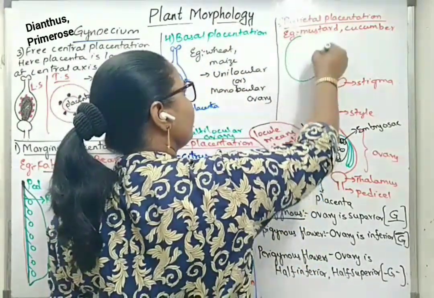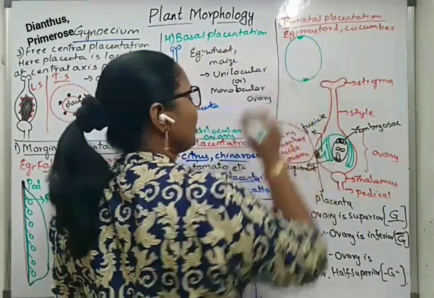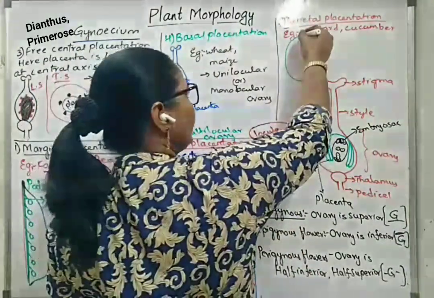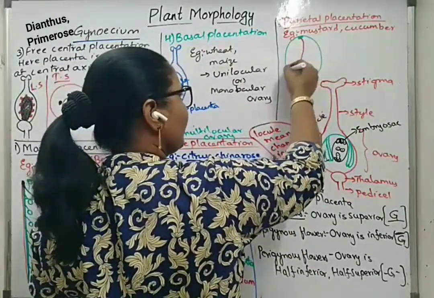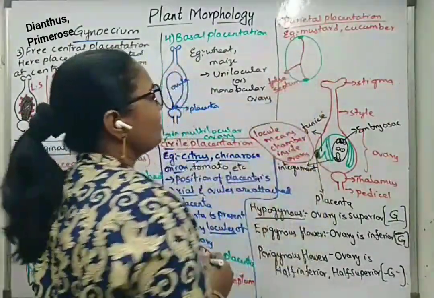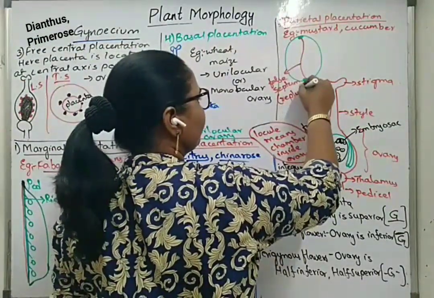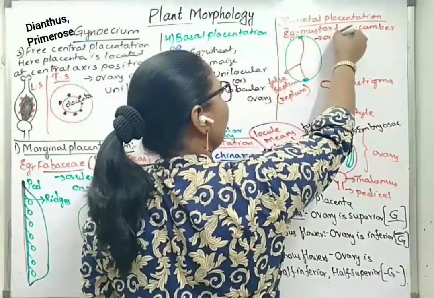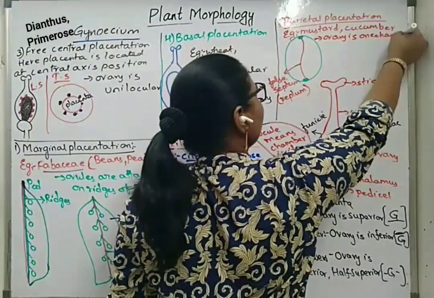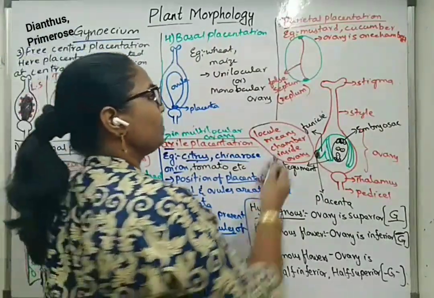In case of mustard, if this is the seed, this is position of placenta, this is position of placenta. That is dividing one single locule into two chamber-like structures. So we see this one as false septum. This is called a replum. Here, ovary is one chambered, but because of false septum, ovary becomes two chambered, means bilocular.